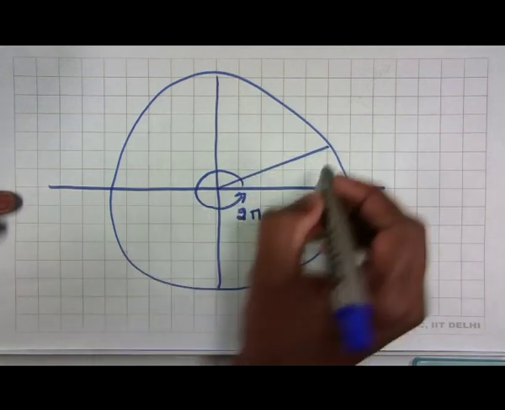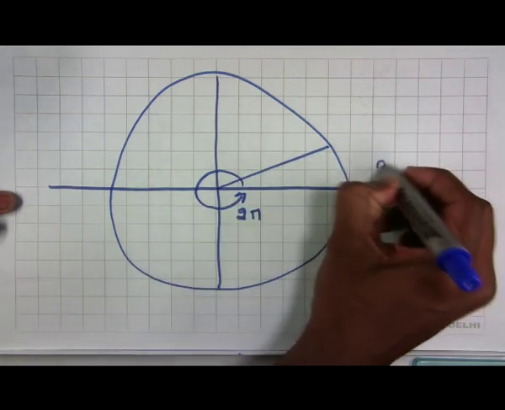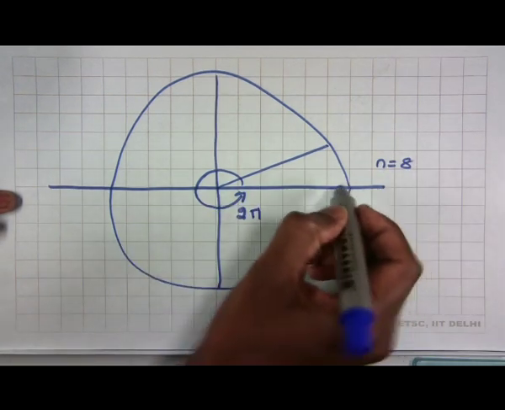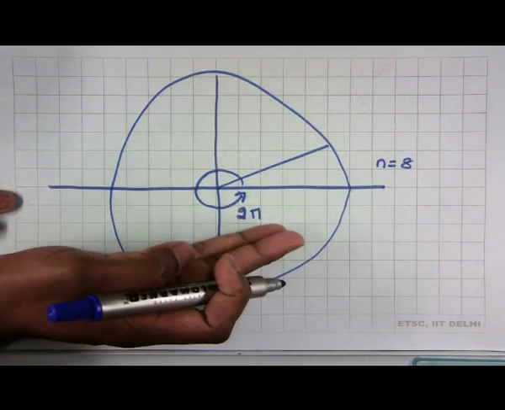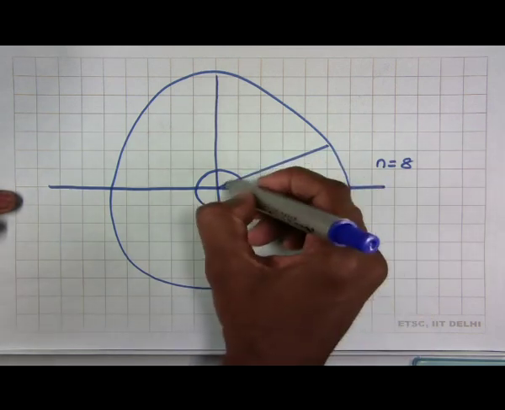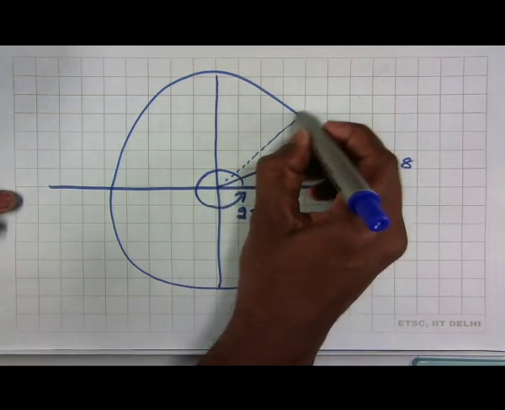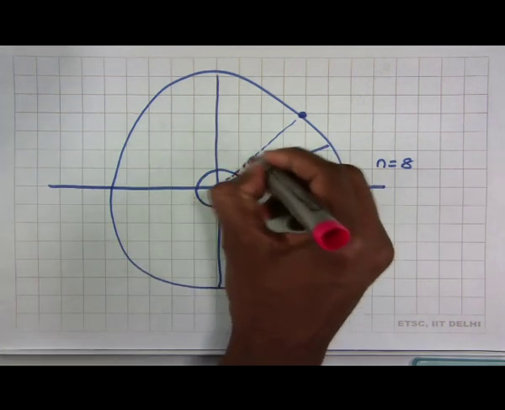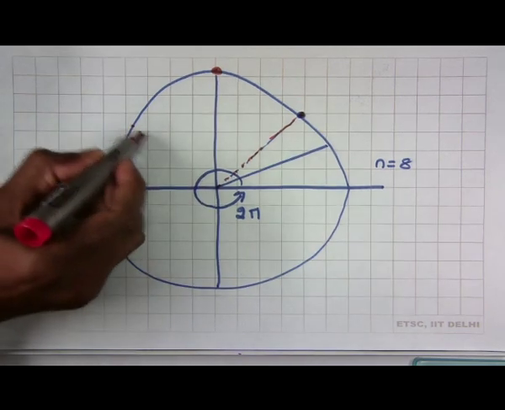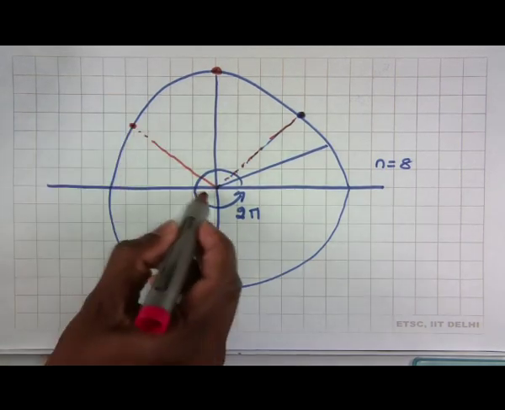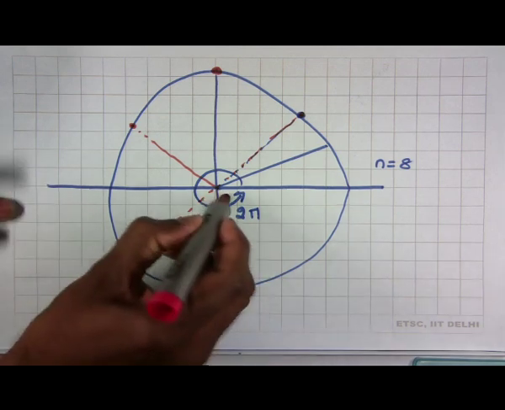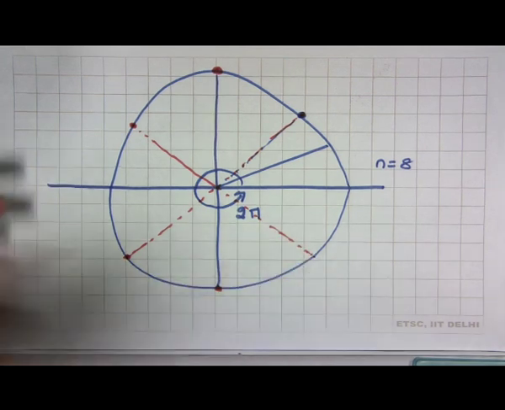So if n is, let us say, 8, then we are going to segment the angle by 8. So we get pi by 4, pi by 2, and then further you make a division here, and we are getting this one.